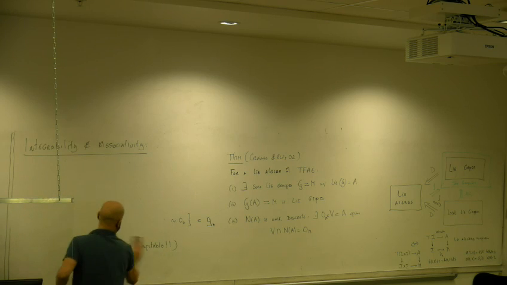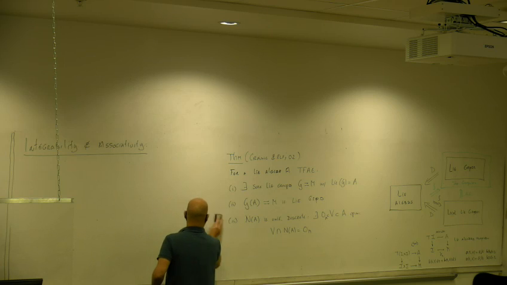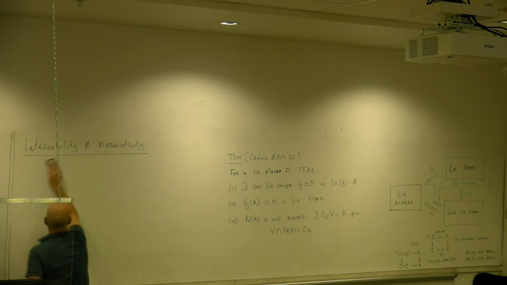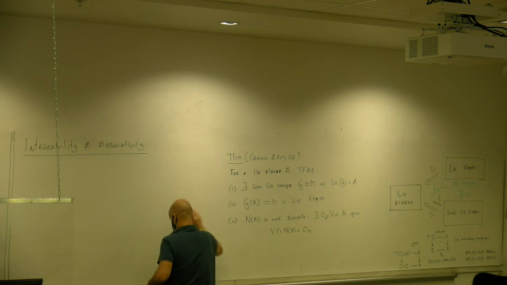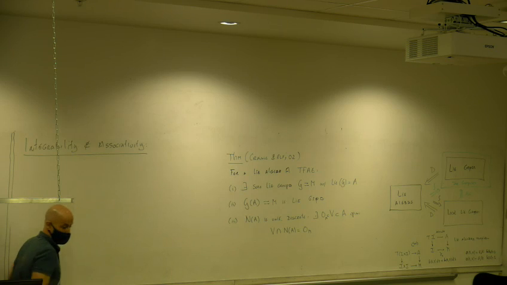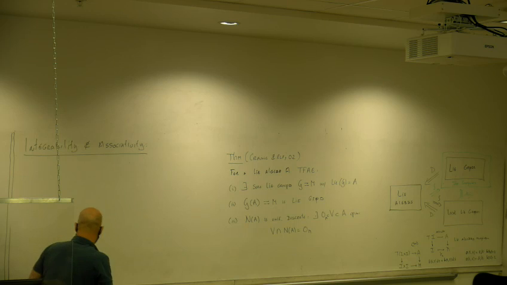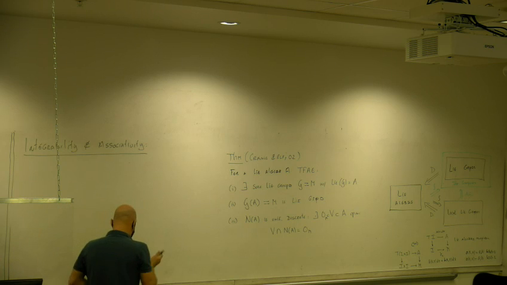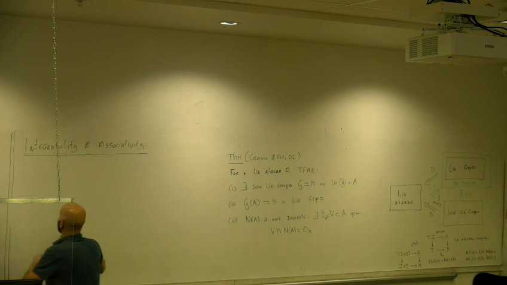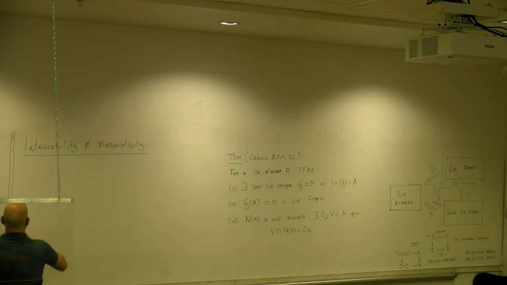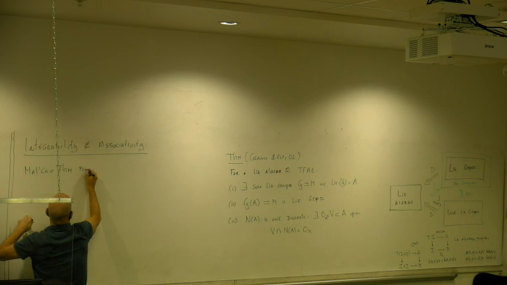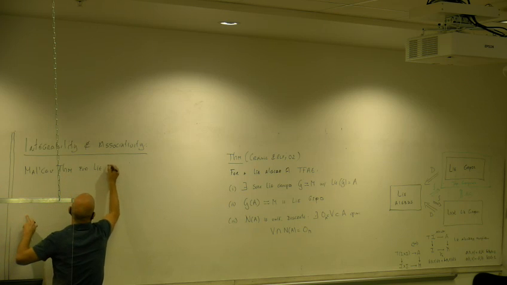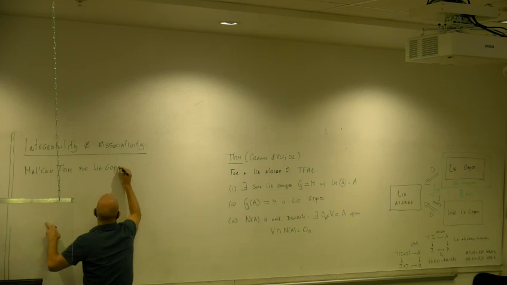Well, the first answer is provided by a groupoid version of the very old theorem in Lie theory due to Malsev. So let me take that result as Malsev theorem for groupoids, for Lie groupoids.